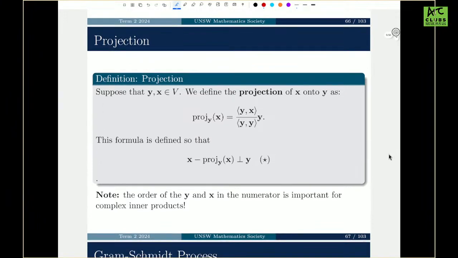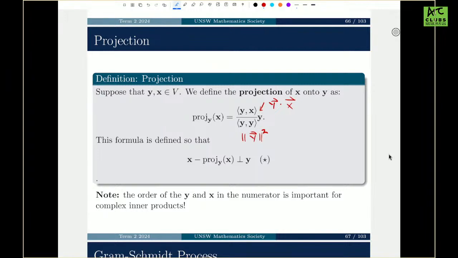If they're vectors over R^n, we can just think of this as y dot x, and this as the magnitude of y squared, or the squared norm of y.